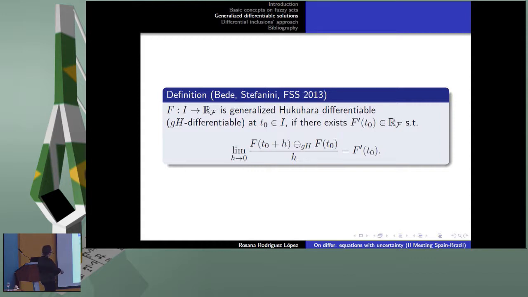Of course, this is an extension of the previous one, in the sense that if you have the same type of difference at the right of T0, and the same kind of difference on a certain interval before T0, you recover the previous cases, so the solutions under strongly generalized differentiability are also solutions in this type.